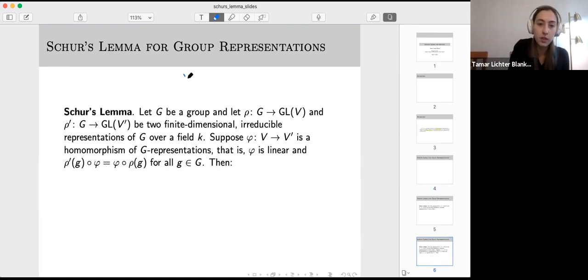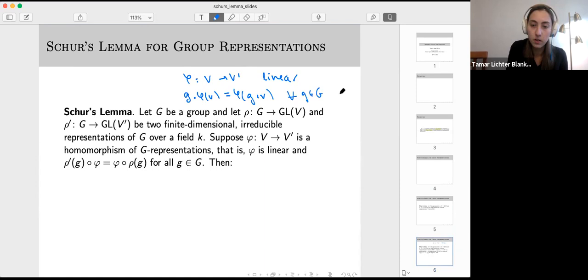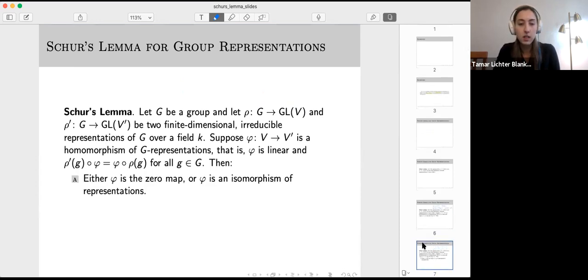That means phi from V to V prime is linear, but also, in group action notation, g dot phi of v is equal to phi of g dot v, for any g in the group and any vector v. Okay, so that's the setup. Then we have that either phi is the zero map or phi is an isomorphism of representations.